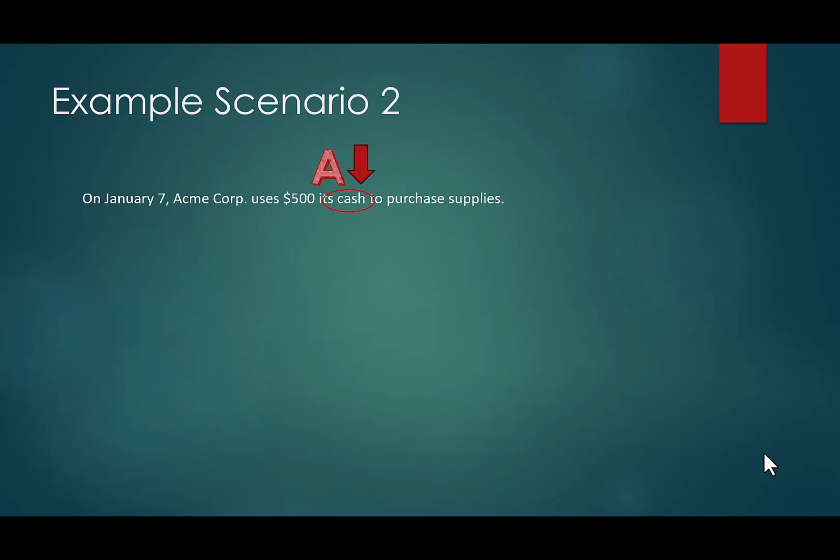Now we're going to identify the other impacted account. In this case, it's supplies. The next step is to figure out what type of account supplies is. If we go back to our prior lectures, we would know that supplies is also an asset account. In this case, supplies went up. We basically exchanged our cash for supplies, so the supplies themselves went up. If we go on to our accounting equation, this is going to be a little bit unique.